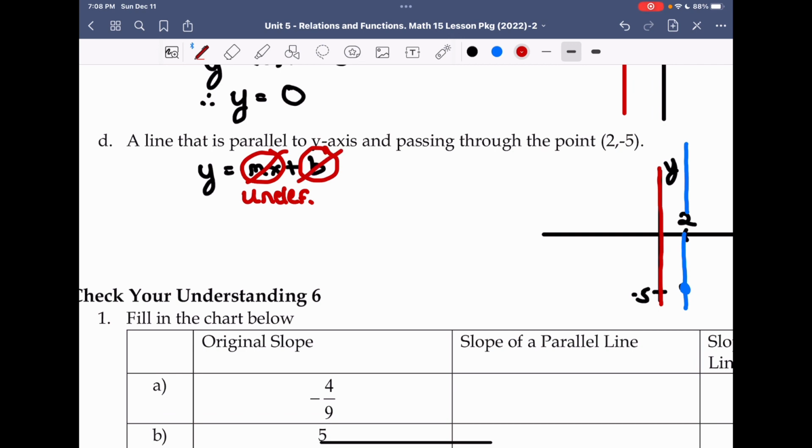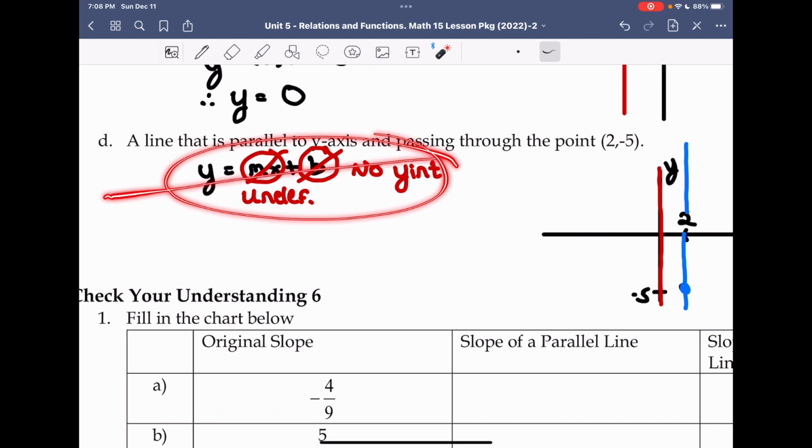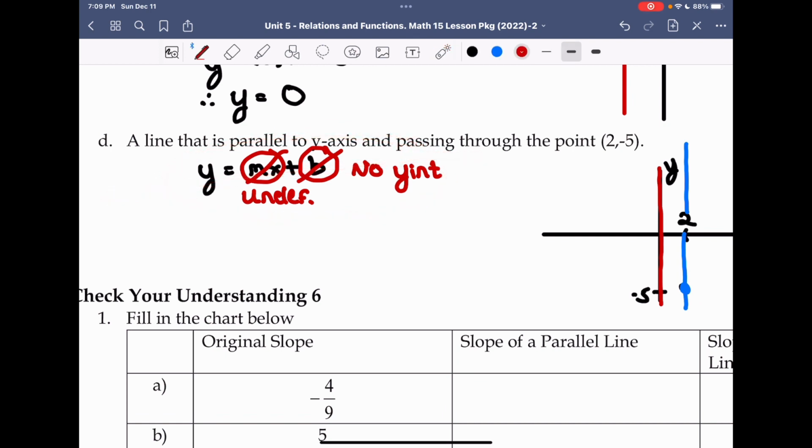So we know that this also doesn't exist, no y-intercept. So now, does it make sense to use an equation in terms of y? No. This is where we say any vertical line is going to be written as x is equal to whatever the x value it passes through, which in this case is positive 2. There is your equation for this line.